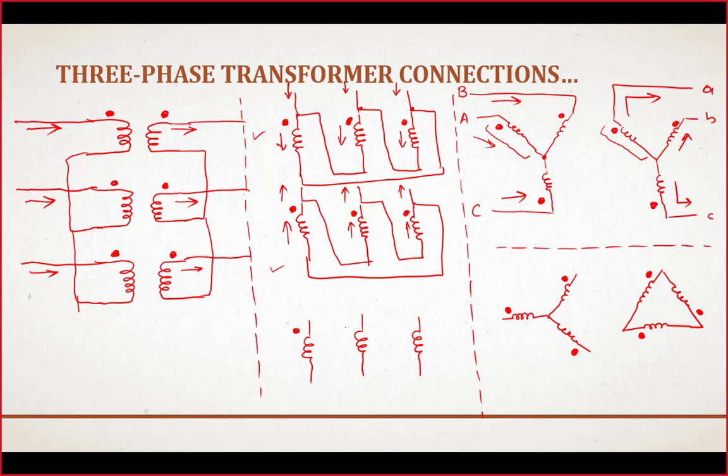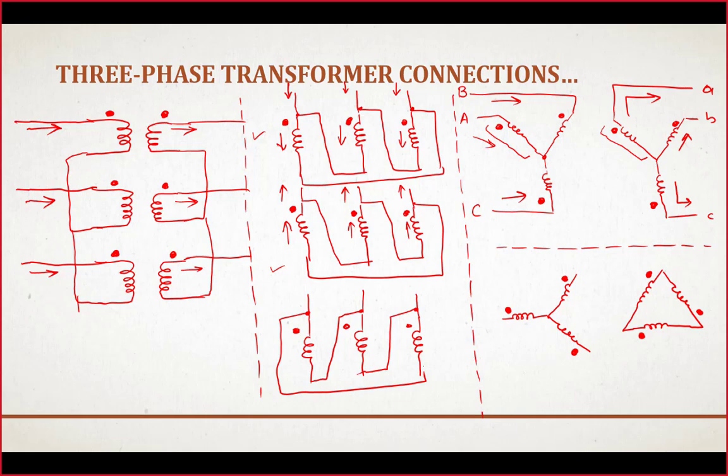Let's say these are the polarity markings. Delta can also be made in this way, by connecting the dotted end over here for phase 2 with the non-dotted end of phase 1, the dotted end of phase 3 with the non-dotted end of phase 2, and then the dotted end of phase 1 with the non-dotted end of phase 3.